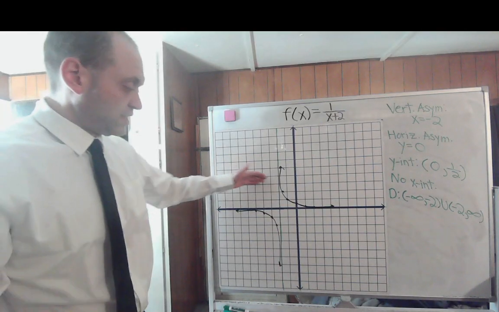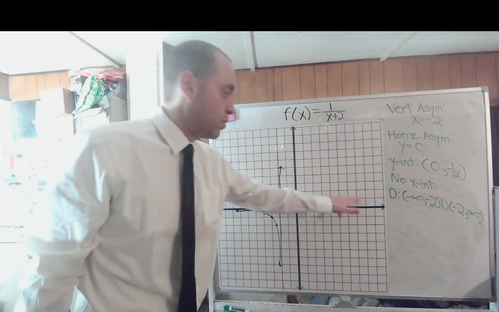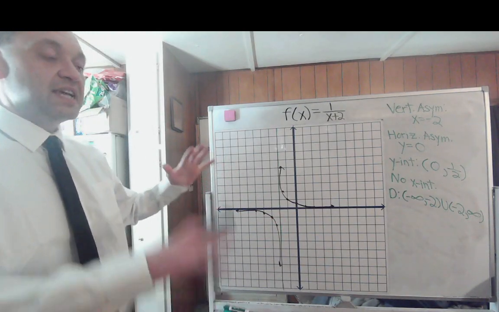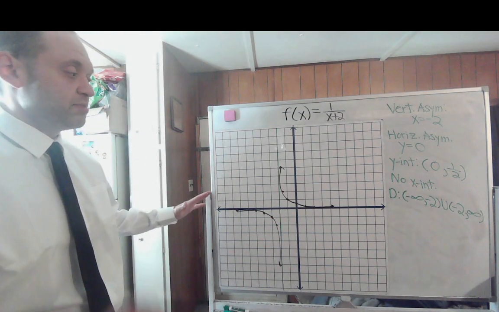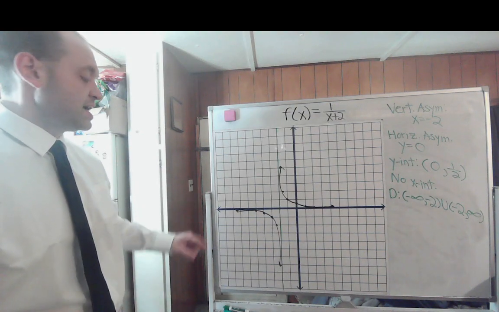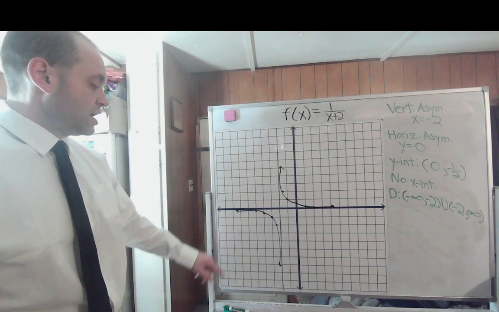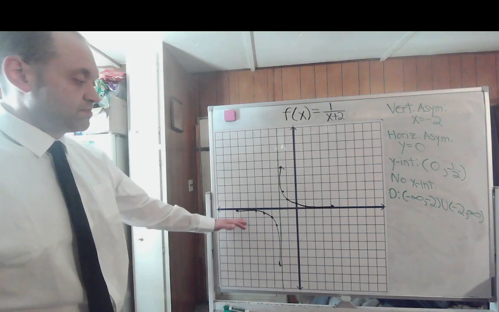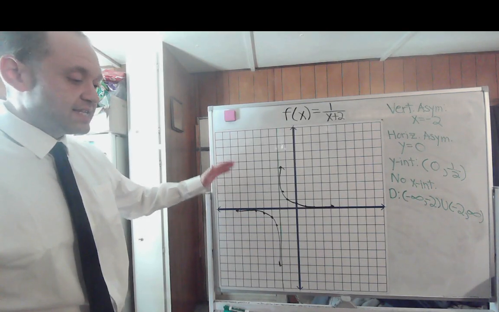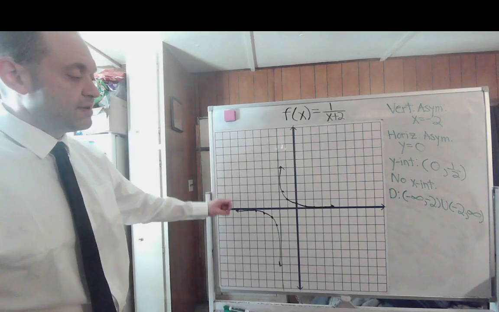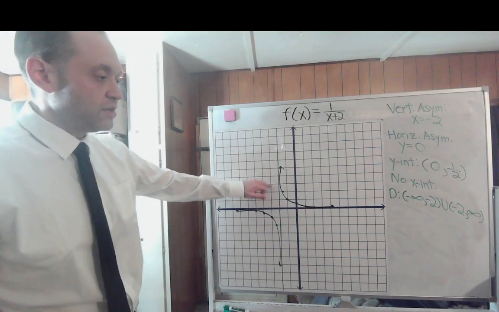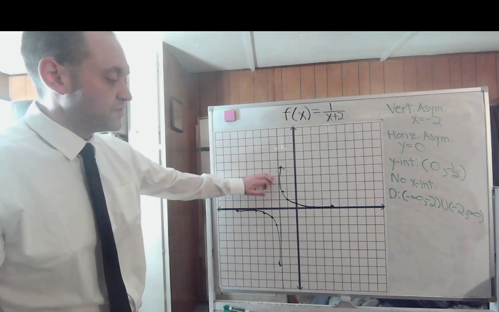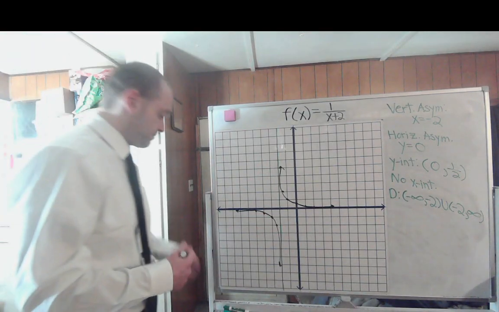So you can clearly see your horizontal asymptote at y equals 0. Your graph gets infinitely closer and closer to it, but never actually reaches it. And for your x boundary, it gets infinitely closer to x equals negative 2, but never actually reaches it.